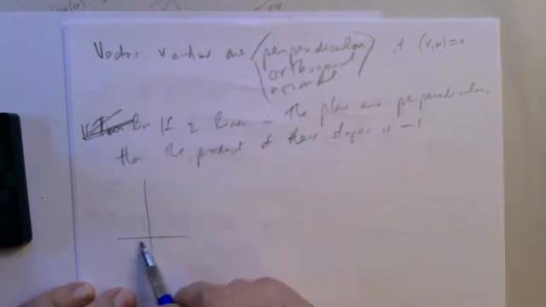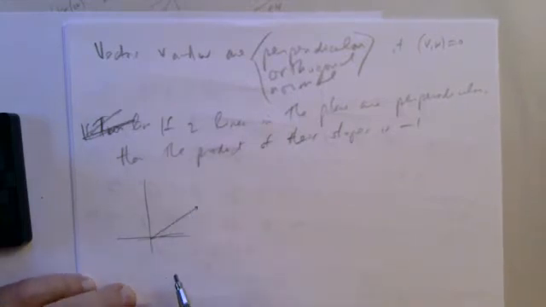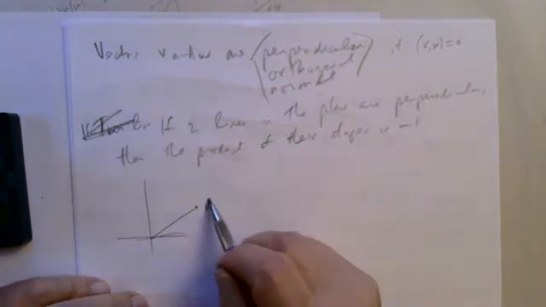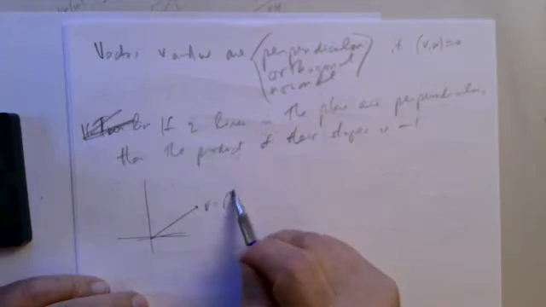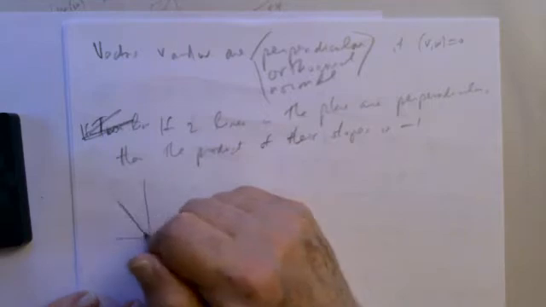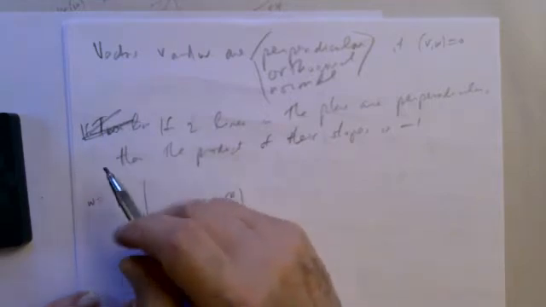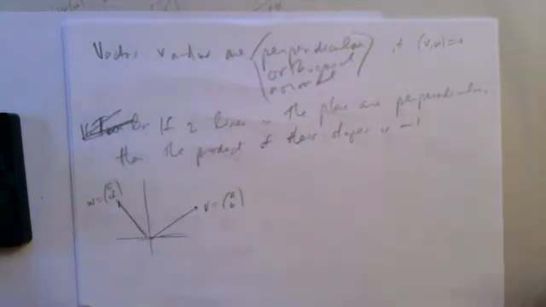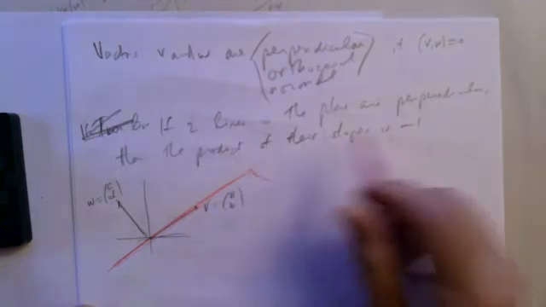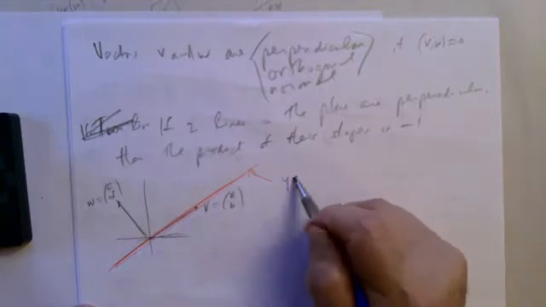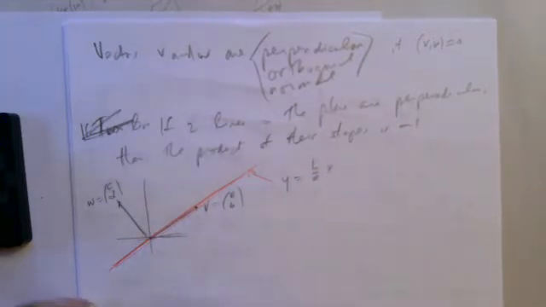So suppose we take a vector v, say it has coordinates A, B. And we take another vector w, and it has coordinates C, D. So what's the equation of this line? Well, you go over A and up B. This is the line y equals B over A x.